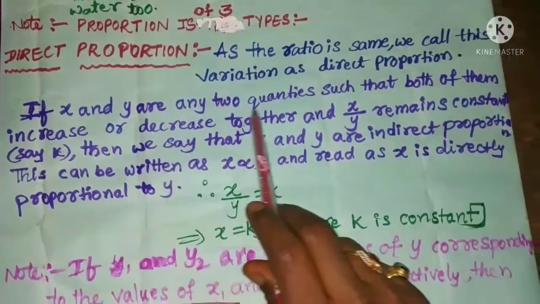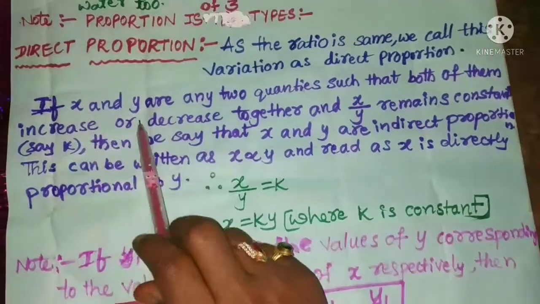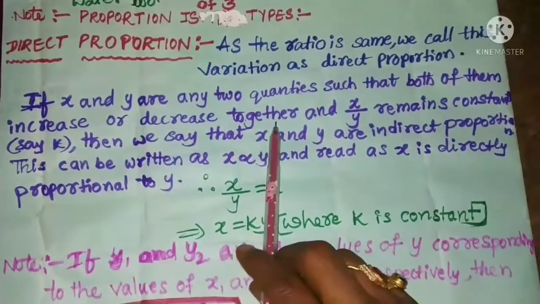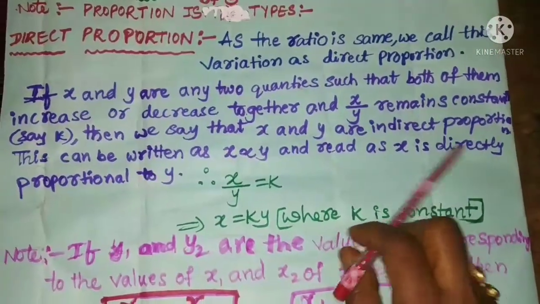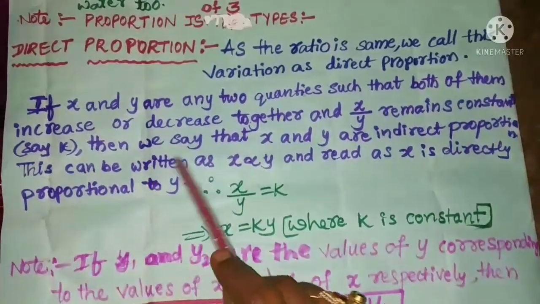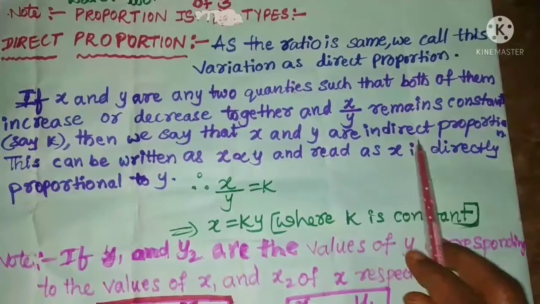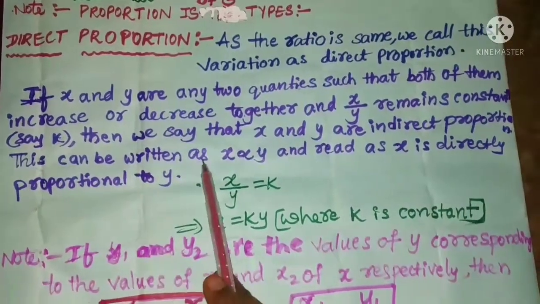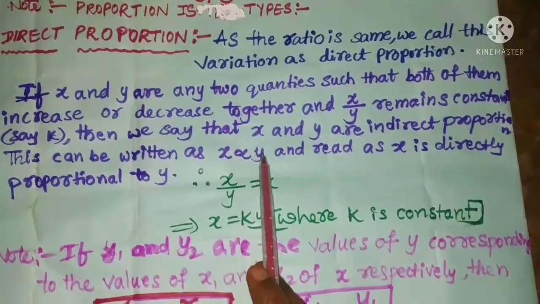If x and y are any 2 quantities such that both of them increase or decrease together and x by y remains constant, say k, then we say that x and y are in direct proportion. This can be written as x is directly proportional to y.